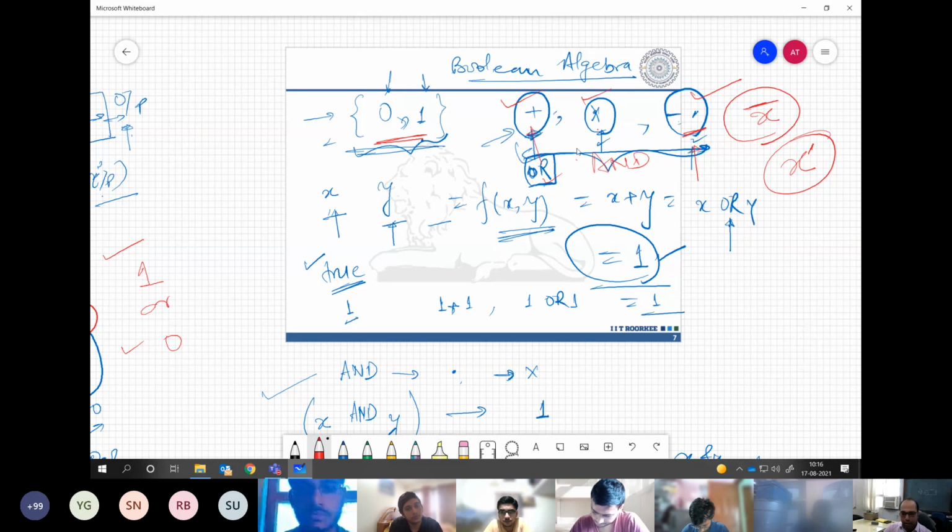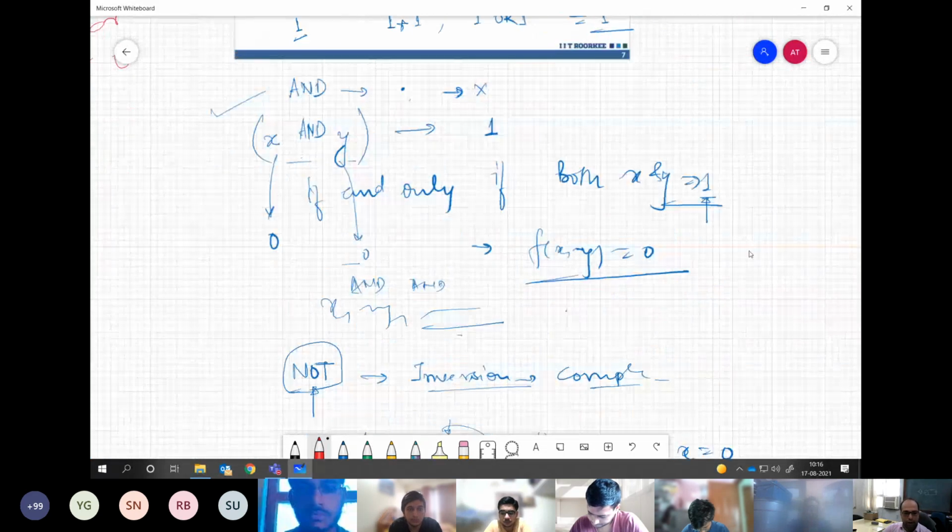The first two are multivariable operations, and the last one is a single-variable operation. With these we will perform all our operations.